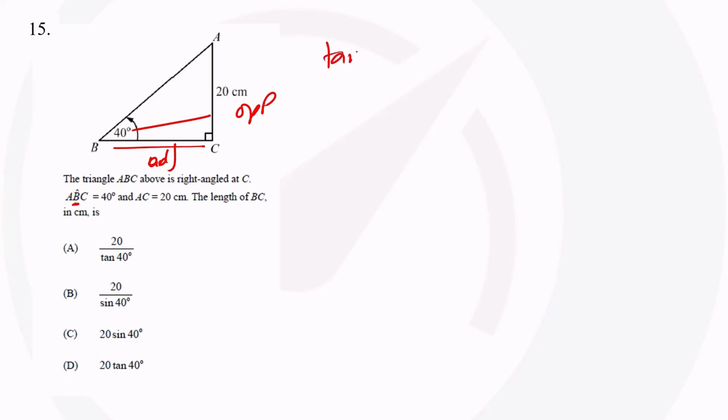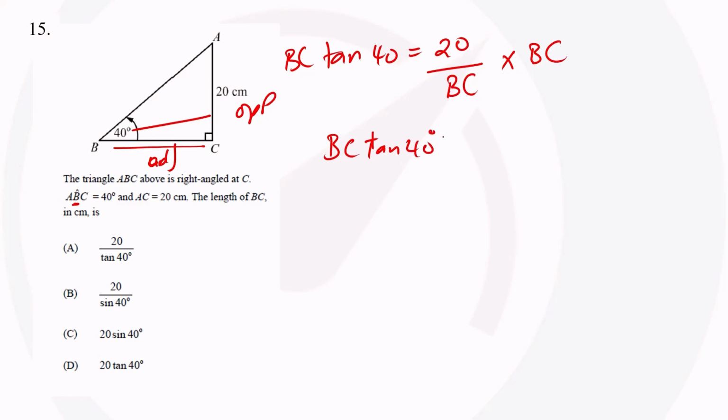So tan 40 equals the opposite, which is 20, over the adjacent, which is BC. So how do we go ahead and find our BC? Multiply both sides by BC. So now we have BC tan 40 is equal to 20.